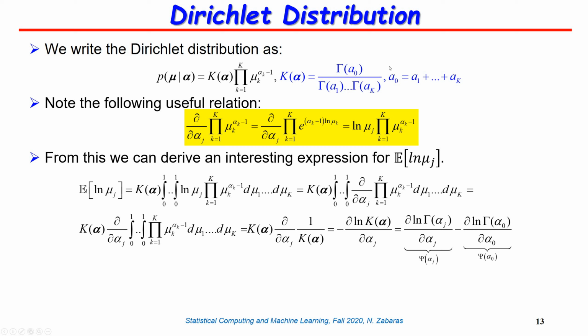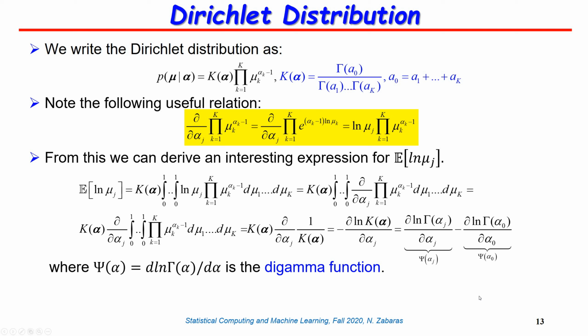By the way, when you take derivatives, the derivative with respect to Aj will be first the derivative with respect to A0, which is what I have here, and then the derivative of A0 with respect to Aj, which is 1. That's why you have a derivative here with respect to A0. So this function that you see in here, which is the derivative of the log of the gamma function with respect to its argument, is called the digamma function.